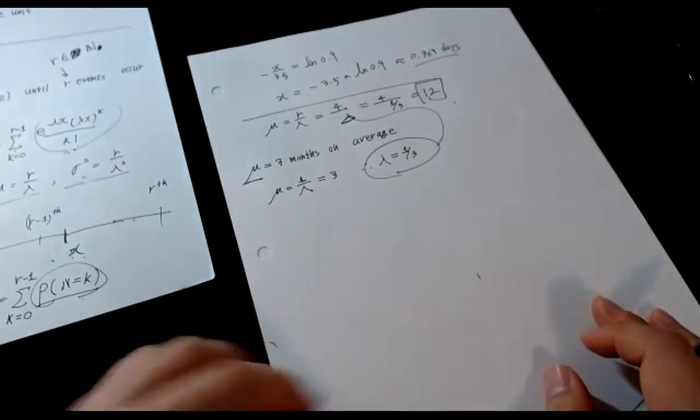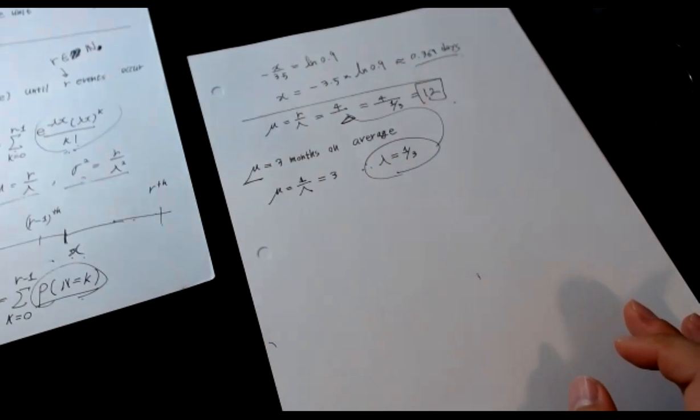Now B, what is the probability that more than 5 mutations occur in a year?